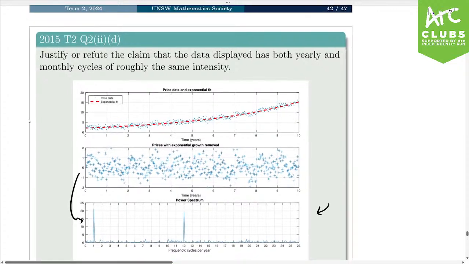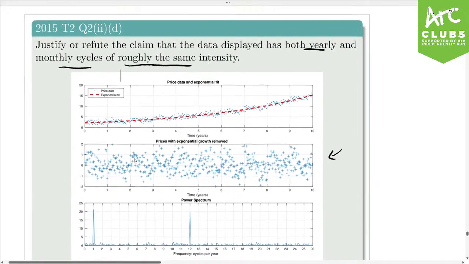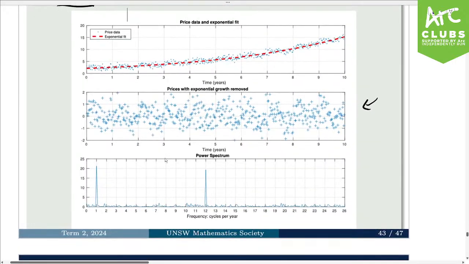Then the next question wants us to interpret the power spectrum. So the claim is that this data has both yearly and monthly cycles of roughly the same intensity. So what this question is testing is, do we know how to read the power spectrum graph?